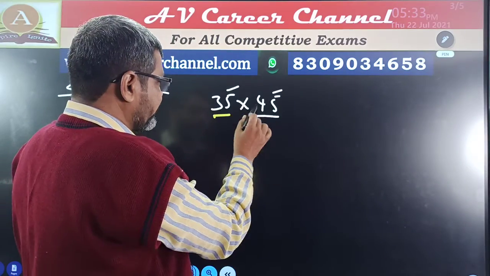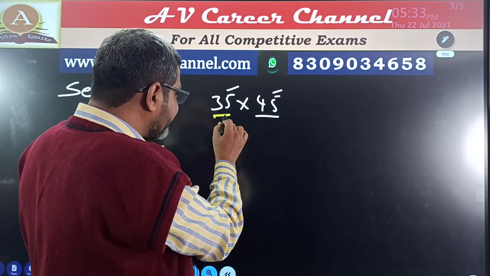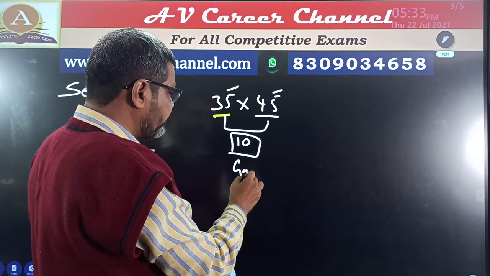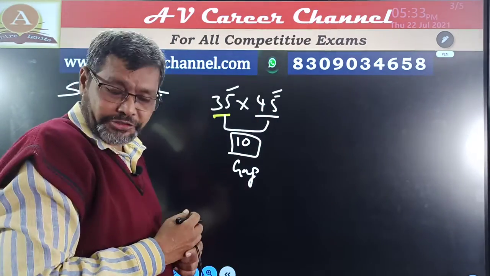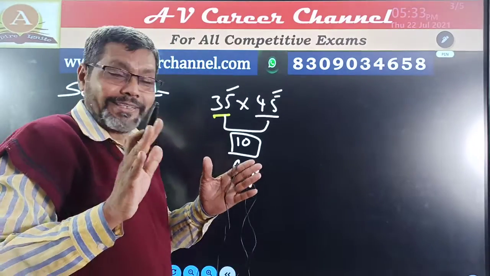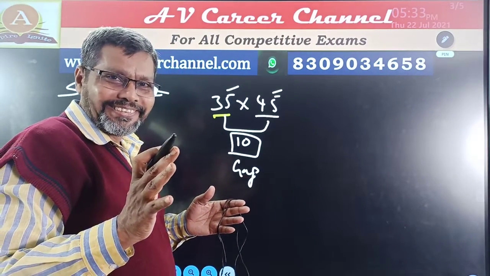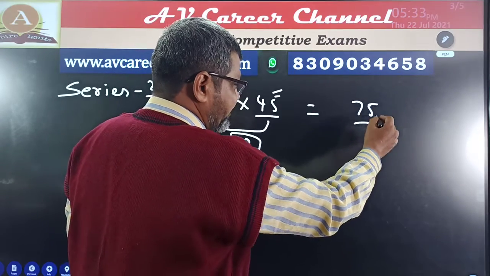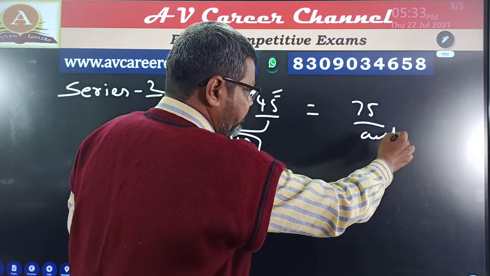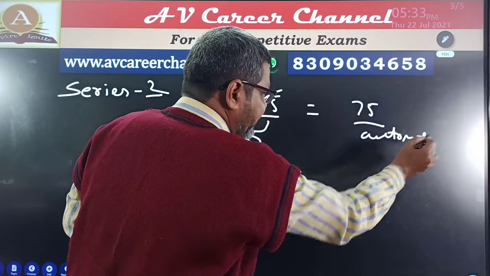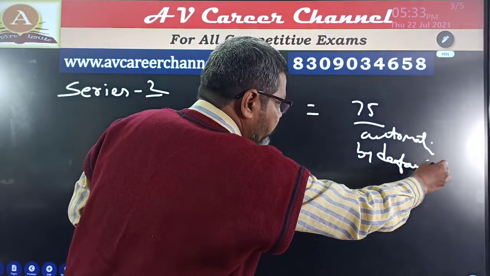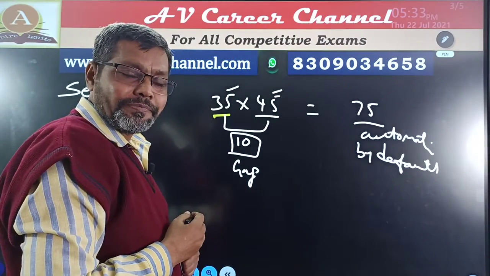The moment it is 2 digits, the gap should be 10. This is the gap between the two numbers. It should not be more than that. Then this rule will not apply. So what will automatically come? 75 is automatic. By default you will get the 75.